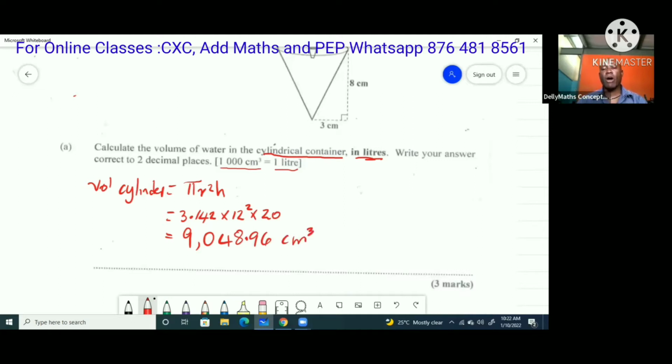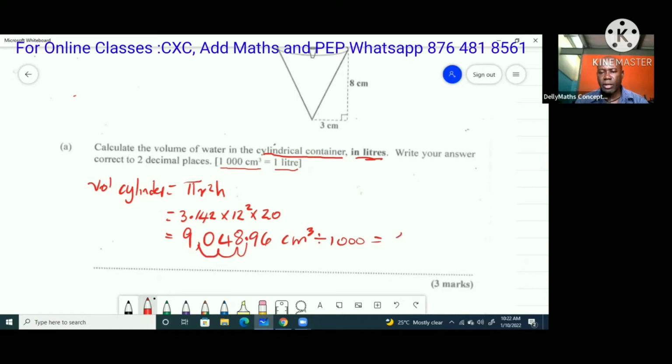This is the amount of water in the cylinder in cm cubed, but they don't want that. They want it in liters. Remember, 1,000 cm cubed gives 1 liter, so we're going to divide this by 1,000.